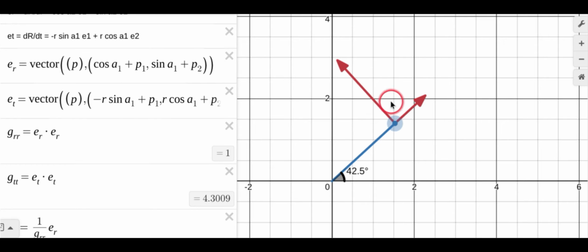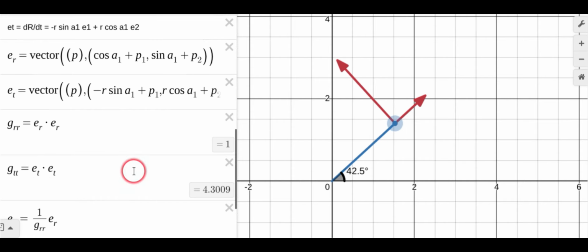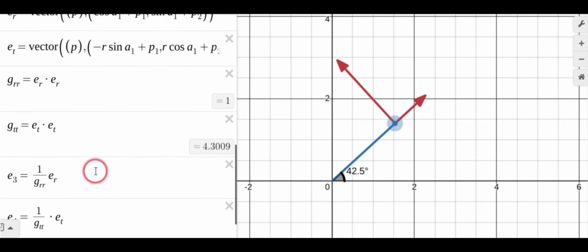And remember the product is the magnitude of this times the magnitude of that times the cosine of the angle between them. Well, the angle between them is 90 and the cosine of 90 is 0. So all the cross terms are 0. So we have our metric tensor. So finding our inverse metric tensor is really easy. It's just the inverse of these 2 numbers, right? That's not always the case, but in this case, it's very, very easy.